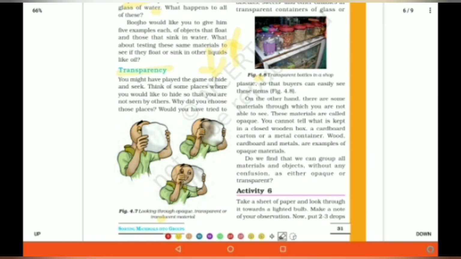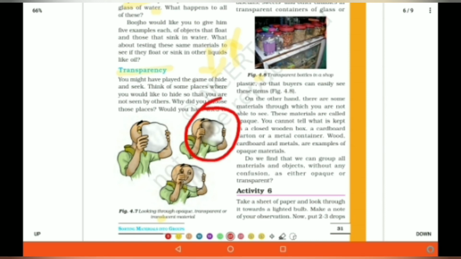Opaque objects are the objects from which you cannot see anything, like this. Examples are wood, some block, your book, etc. Whereas translucent means we can see through it partially, right?